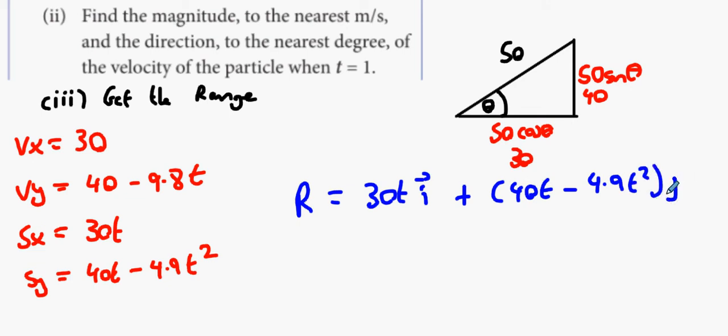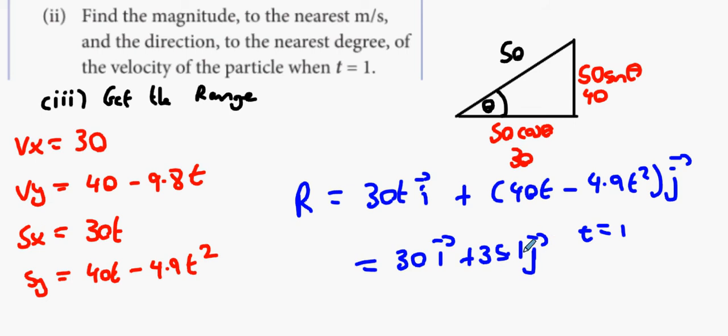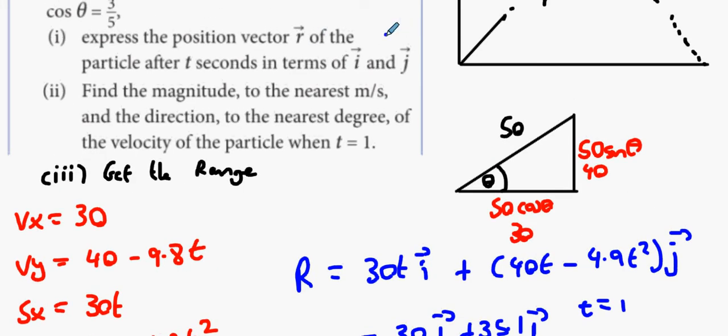For example, if I threw in t equals 1, the answer would be 30i, then 40 take away 4.9, which would be 35.1. So after 1 second, you'd be 30 meters across and 35.1 meters in the air. That's all that formula does. It just tells you where you are at any given point. Okay? Done. That's the first part done.